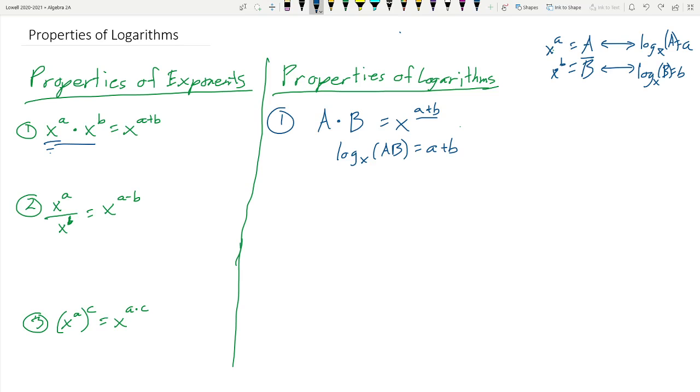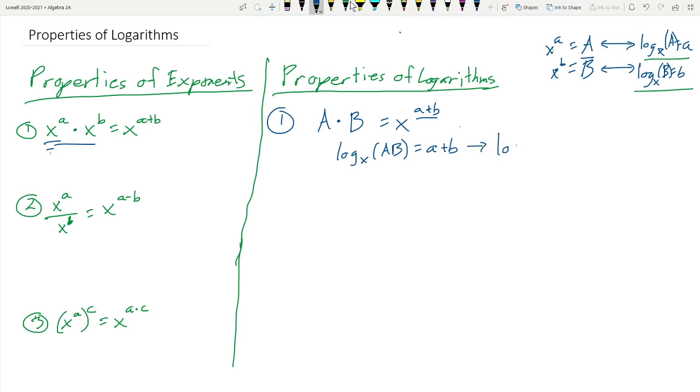So now I end up with this, which doesn't look like what we're used to seeing, but remember that I have these two equations in the corner here. And so if I do some substituting back in, we end up with the properties of logarithms that we saw in class.